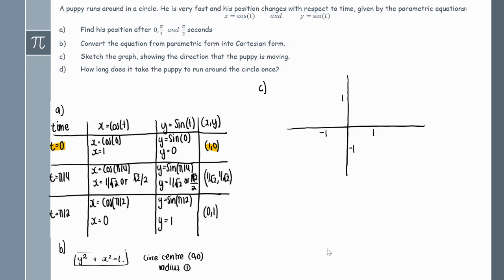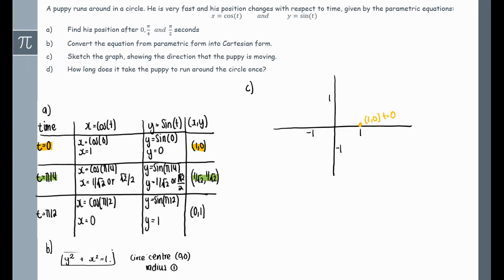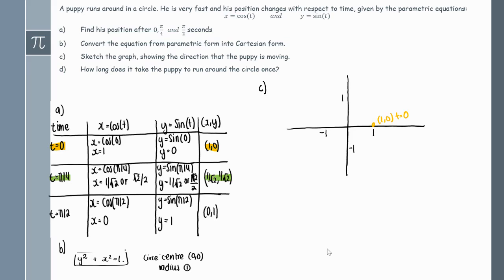When time is 0, my xy coordinate is 1, 0. When time is pi on 4 seconds, my xy coordinate is 1 on root 2 and 1 on root 2. That's going to be somewhere up here.